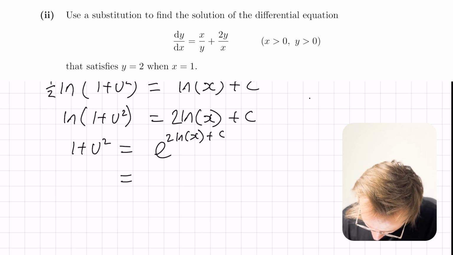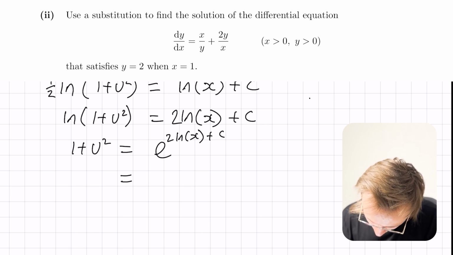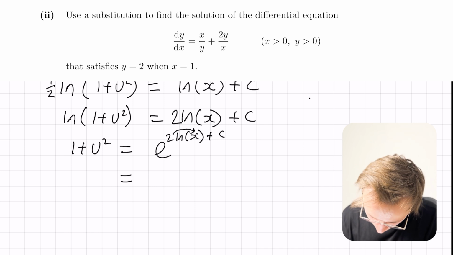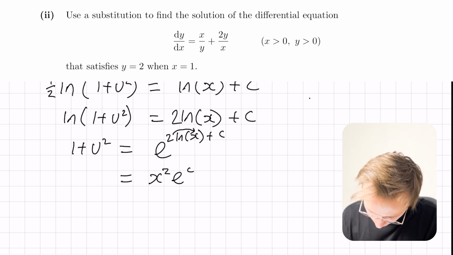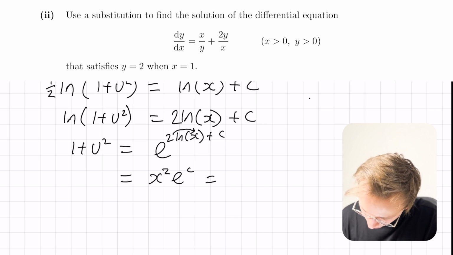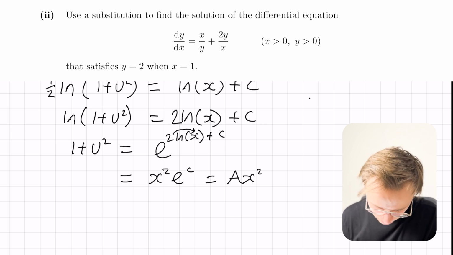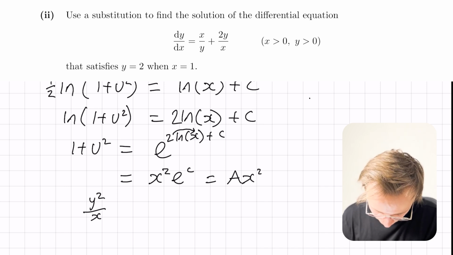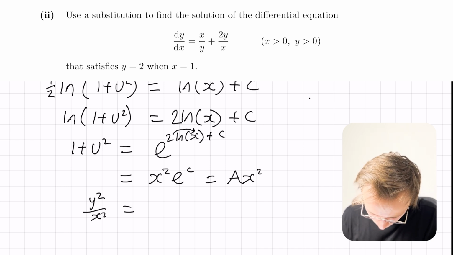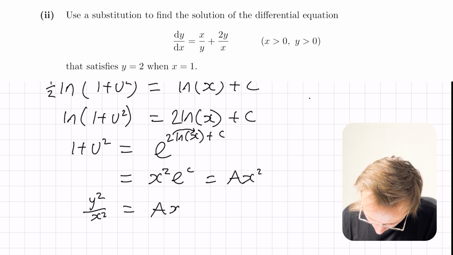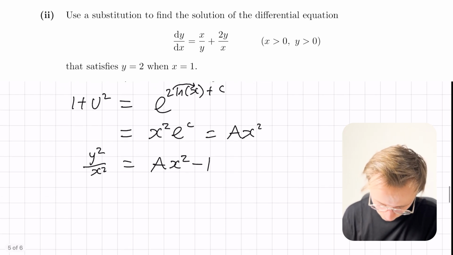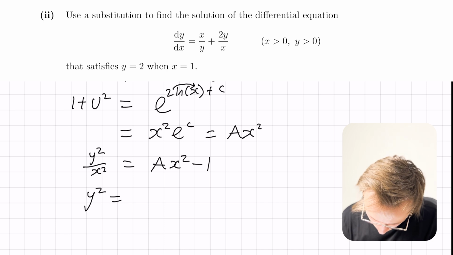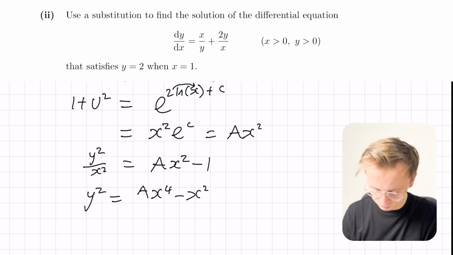Take the 2 up, so I get x squared, and then e to the c is just another constant, a, so it's ax squared. So therefore u squared, which is the same as y squared over x squared, is equal to ax squared minus 1. y squared is equal to ax to the 4 minus x squared.